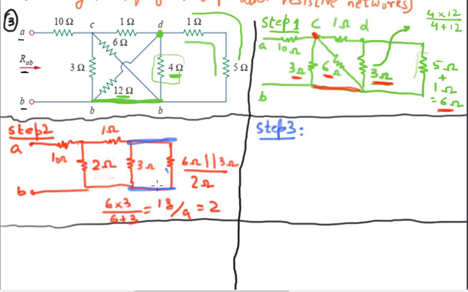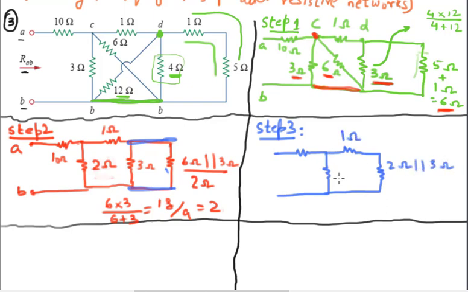I think that's the only thing you can do in this step. So much simpler step. The remaining circuit is going to look the same as before. I'm going to draw the remaining circuit first, and then this resistor now is actually 2 ohms in parallel with 3 ohms. The remaining circuit is same.